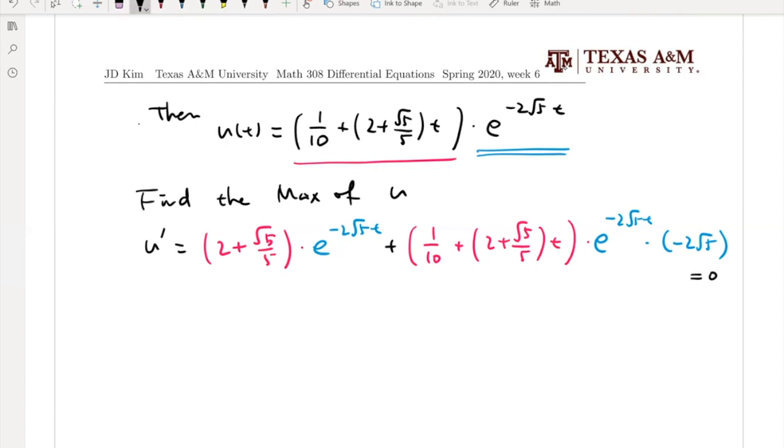And to solve this problem, let me take out common factor, but not all of them, just the exponential function part first.